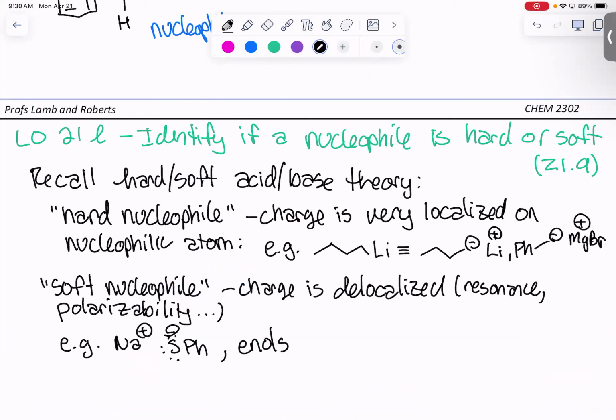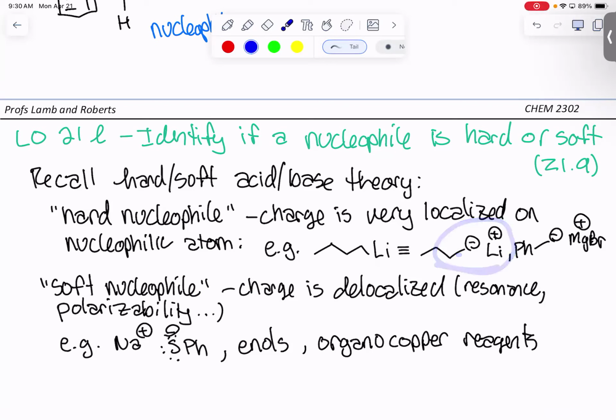And then the other one that I'm going to teach you about today is organocopper reagents. Let's compare and contrast to organolithium reagents. I've shown you this organolithium reagent as a really hard reagent. We have nowhere to delocalize that negative charge. Let's take a look at where lithium is.